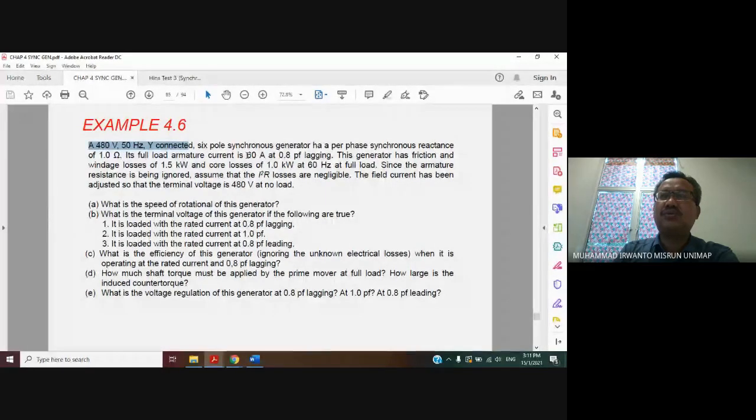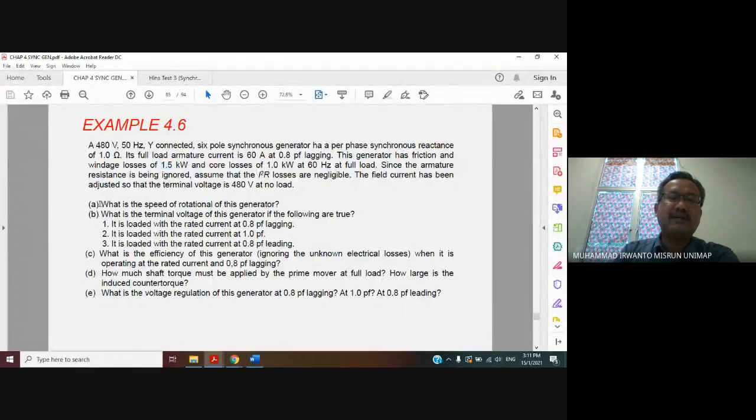The current flowing through the load at 0.8 lagging power factor is 60 ampere. The mechanical losses of this generator are 1.5 kilowatt, the core losses are 1 kilowatt, and the electrical losses are ignored.